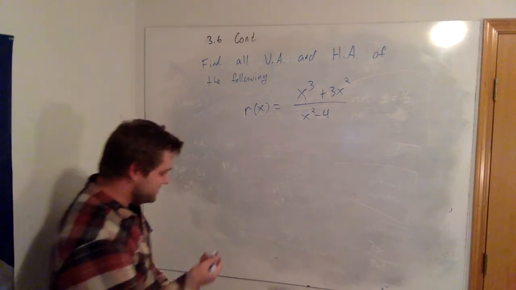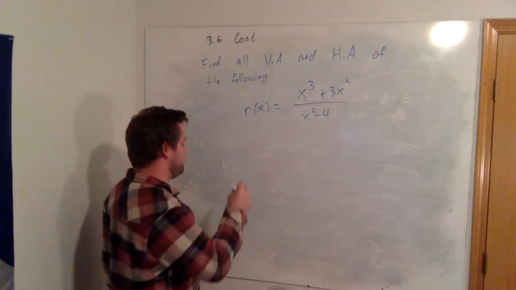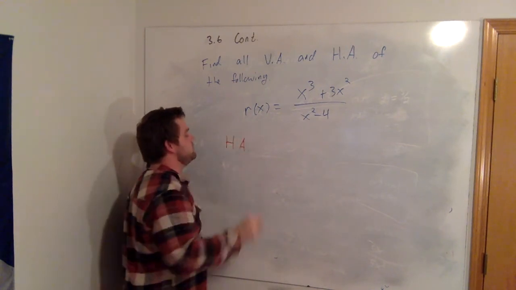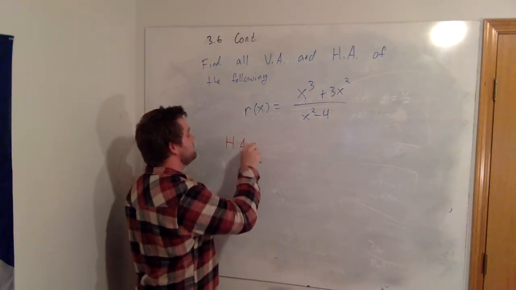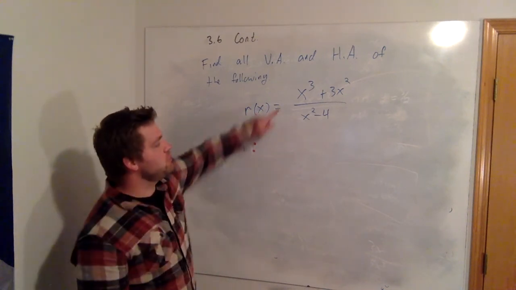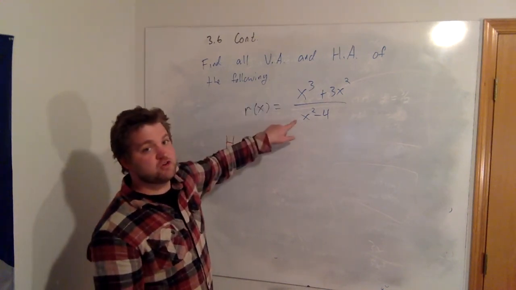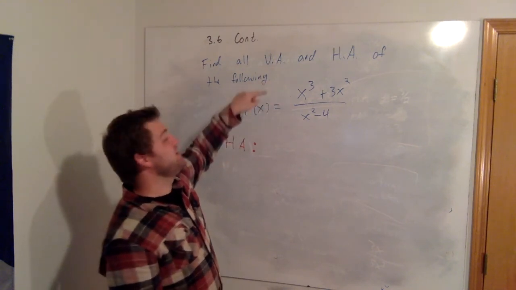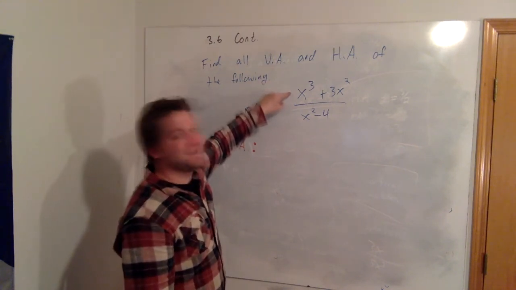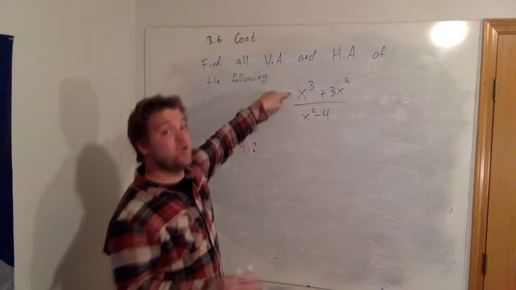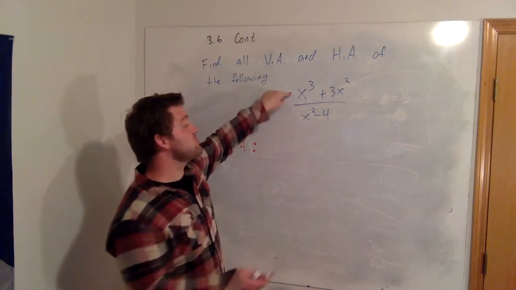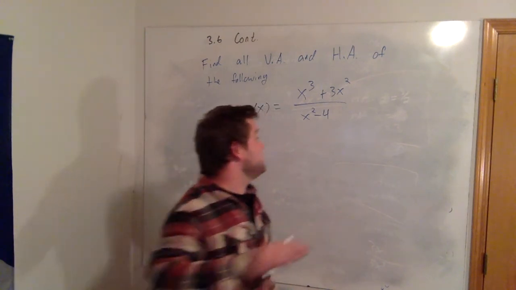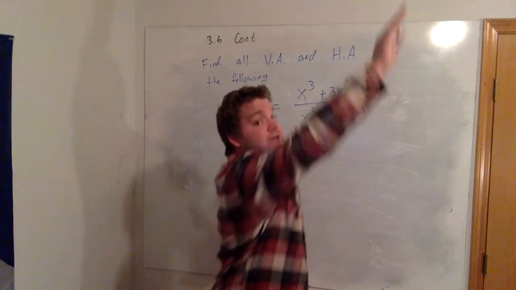Okay, so let's first talk about the horizontal asymptote. Notice in this case that I have a degree 3 polynomial over a degree 2 polynomial. The numerator is going to dominate, and so the numerator is going to be getting really large compared to the denominator. So what's going to happen is this function is going to get thrown away from the x-axis.